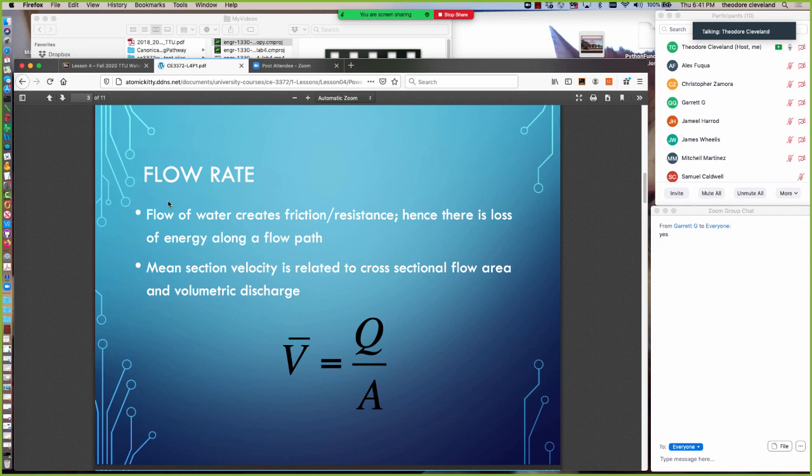Profiling the flow in a pipe is not an easy task, and it's not done frequently in municipal systems. That's more of a fluid mechanics issue. At that point, those are point velocities. When we're discussing the velocity of flow a certain distance from the center line of the pipe, that's not going to be a mean section velocity. The mean section velocity would be the area-weighted integral of that.